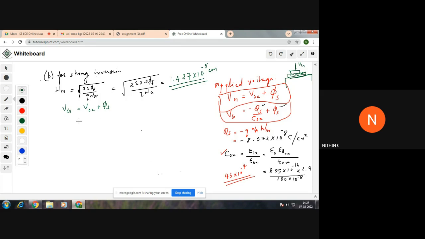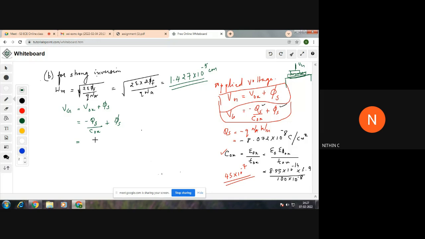Again, you can do that by taking minus QDM or QS, whatever you take, no issues: minus QS by C oxide plus phi S. We have already done one type. But what difference? I think QS by COX will be the same, whether there will be any difference?